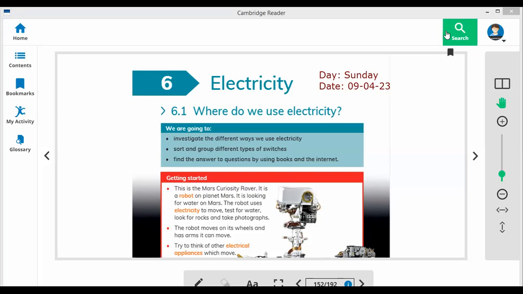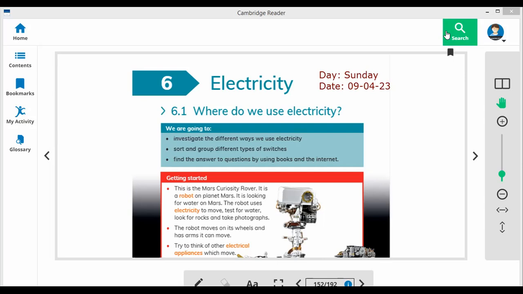We use electricity in different places: in the home, in the school, in the library, on the streets, everywhere we use electricity. Electricity is very important in our life.